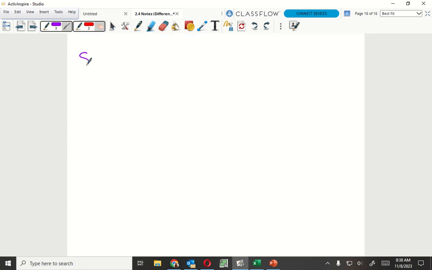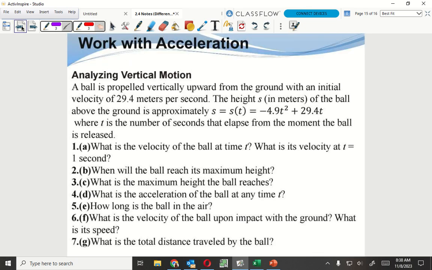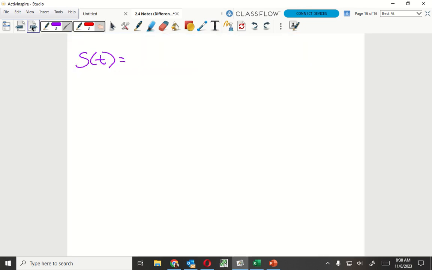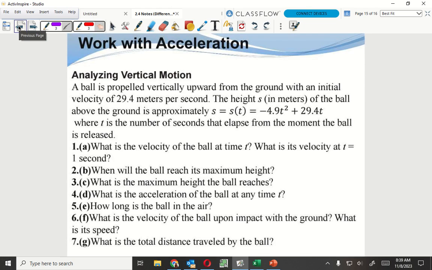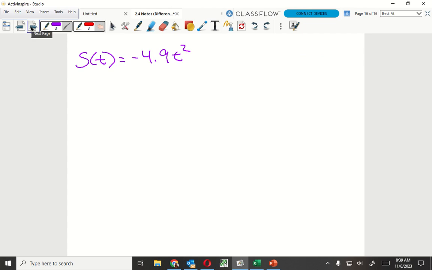My position function is s of t equals negative 4.9 t squared plus 29.4 t.